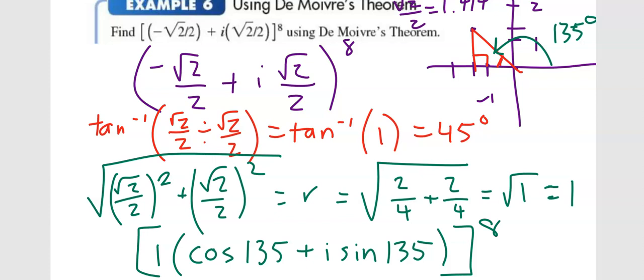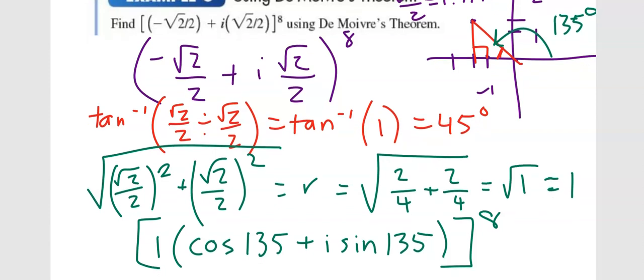So the first thing we had to do was convert this. Now, some of you might ask, why the heck would we want to do that? Well, this is a shortcut. If you raise something to the 8th power, don't you have to multiply it times itself 8 times? Who wants to do all that binomial foiling? Nobody.